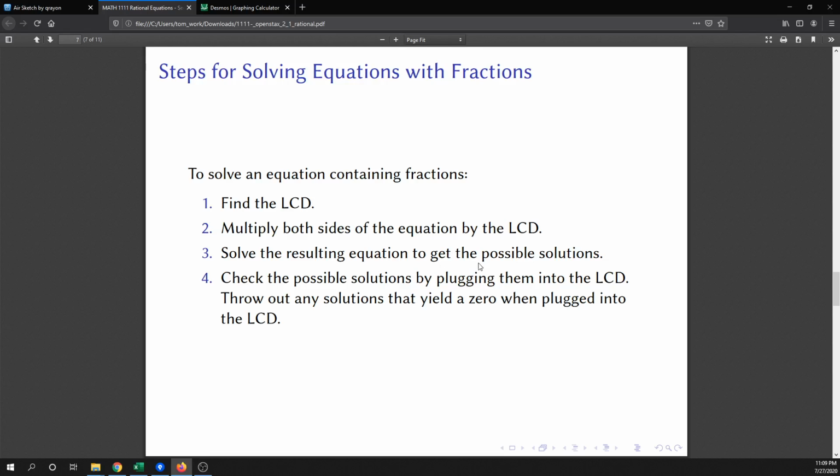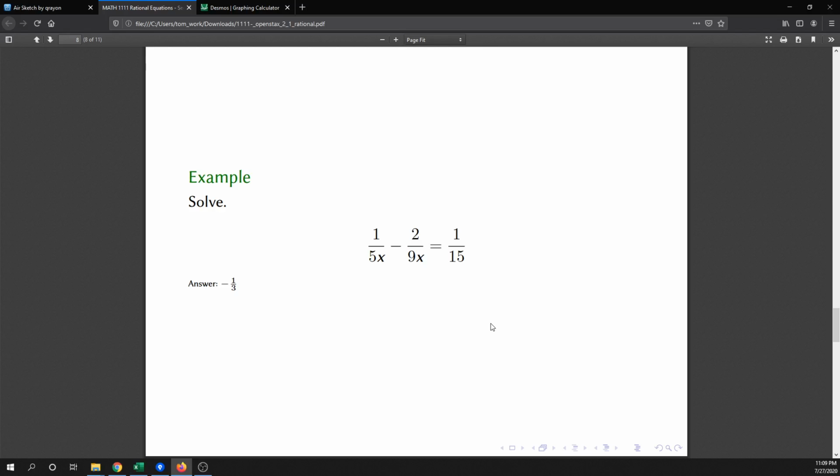But really, those will only be possible solutions to your equation. So check the possible solutions by plugging them into the LCD, and throw out any solutions that give a zero when plugged into the LCD. All right, so let's take a look at putting these into practice for this equation right here.